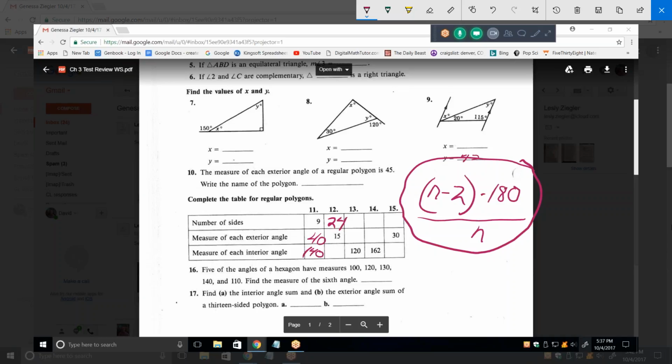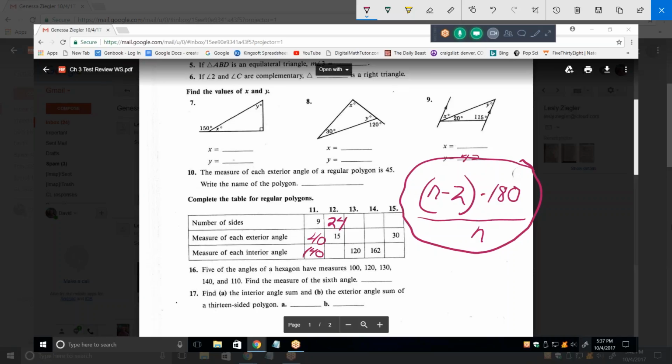Now let's do number 3 and just use that formula. Number 13? No, we're going to finish number 12. In other words, we need the third row filled out also.